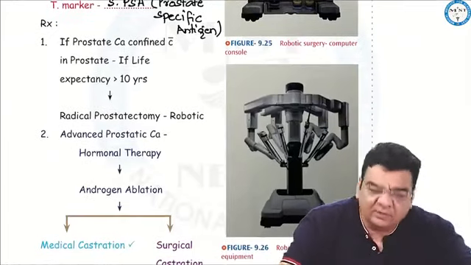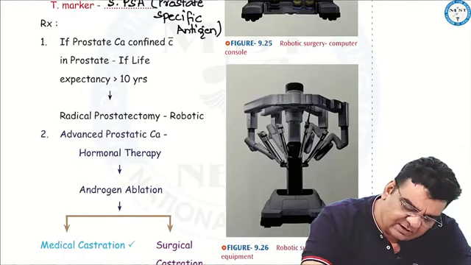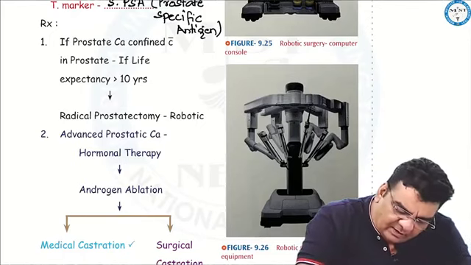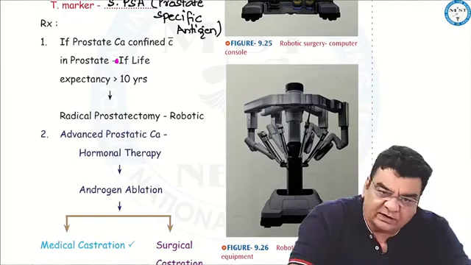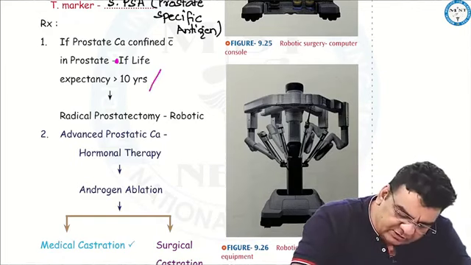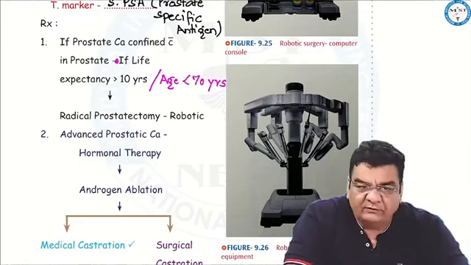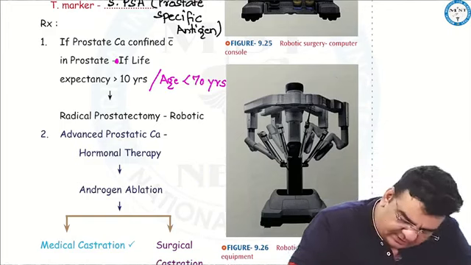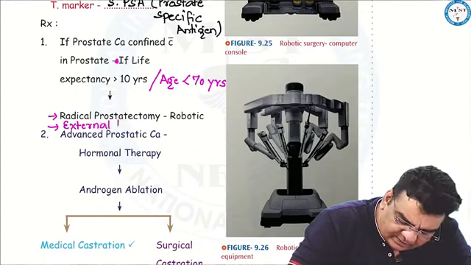So, depending on if the prostate cancer is confined within the prostate, now if the life expectancy is more than 10 years or age of the patient is less than 70 years, then we do a radical prostatectomy. We can also give external beam radiotherapy.